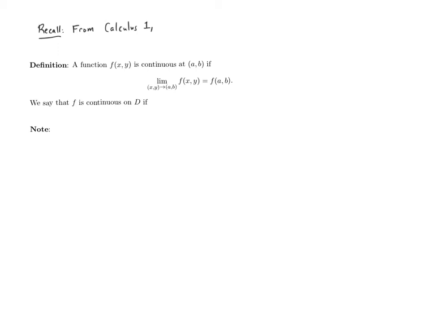And we begin with a reminder from Calculus 1, something that we kind of foreshadowed a bit in a previous video. So from Calculus 1, we would say that a function f of x is continuous at a value x equals a if and only if the limit as x approaches a of f of x is equal to f of a.